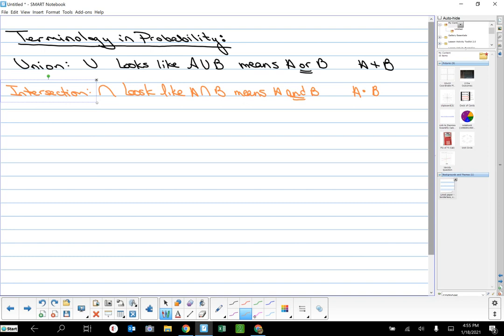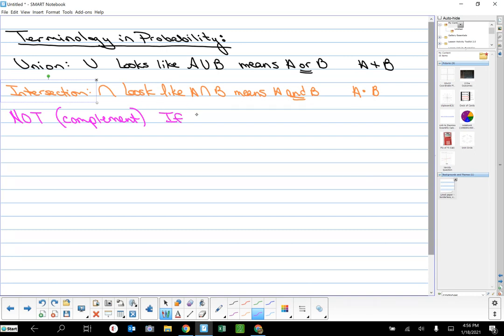All right. The other thing you need to know is the not. This is called the complement. And that is spelled correctly. It looks weird because I think in English complement has an I in it, but in math, complement has two E's. And let's see, here's what it looks like.